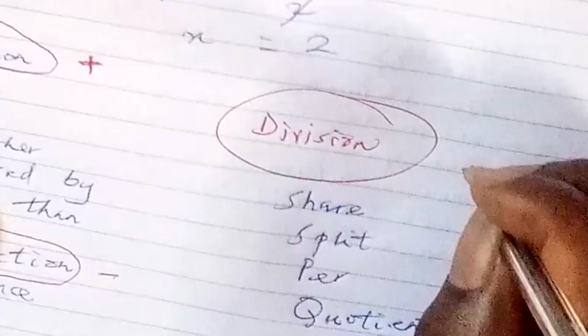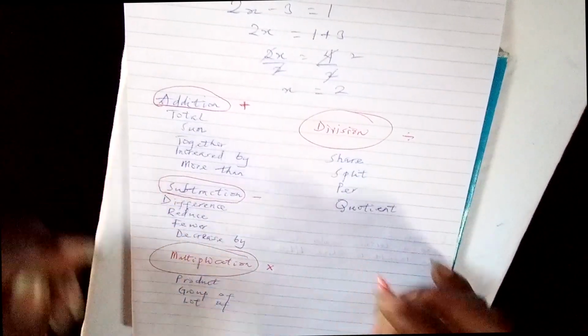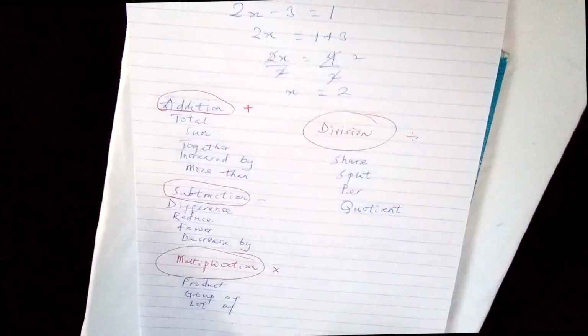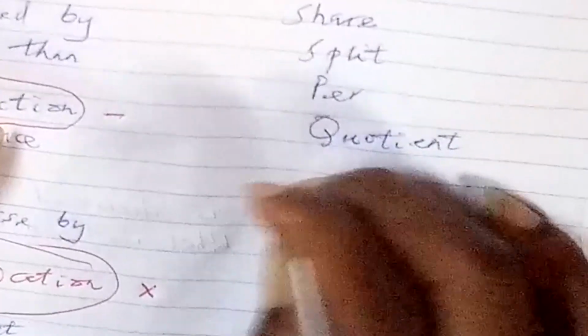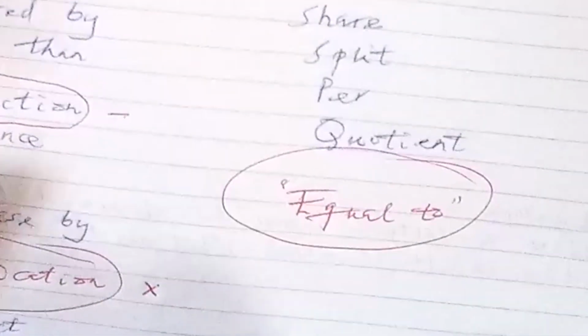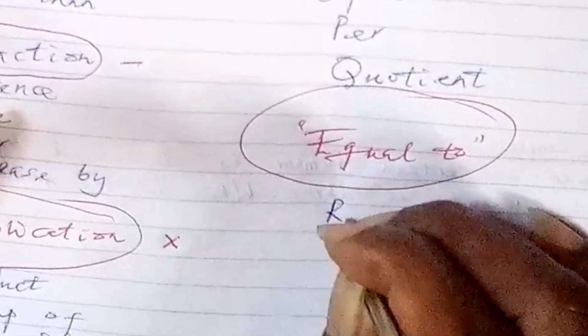Now, let's move on to some of the phrases or words that when you see in a mathematical word problem, we should think of equal to. The words are: result.